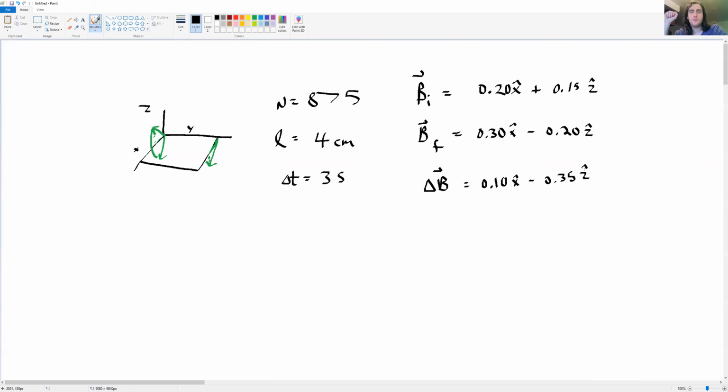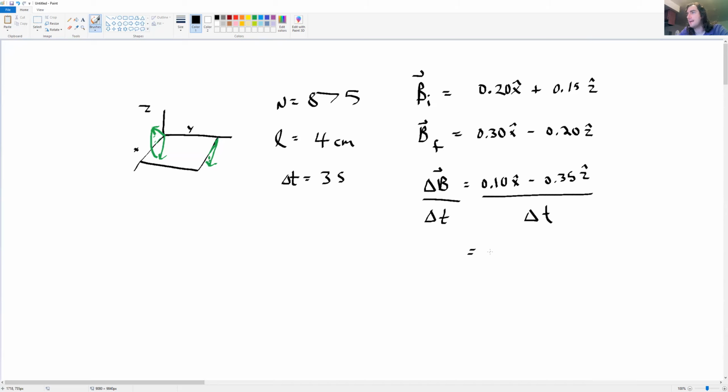This occurs at a steady rate, meaning that delta B over delta t is constant. So we can divide this by delta t, 3 seconds, to get delta B over delta t.